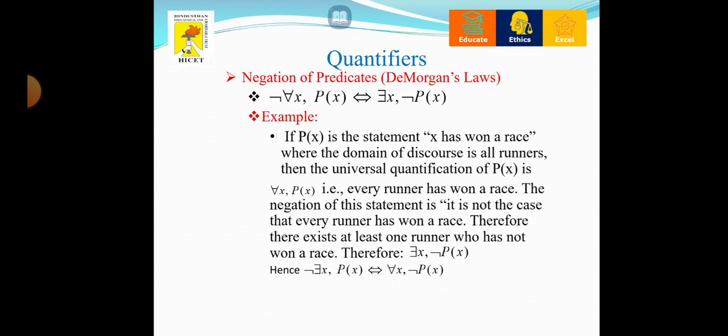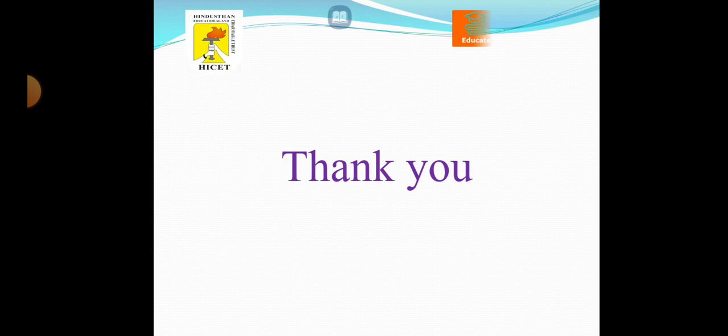Therefore, its negation is that there exists at least one runner who has not won a race. So, for some x, not P of x. Hence, the negation of for all x P of x is equivalent to for some x not P of x. Hence the slide. Thank you.